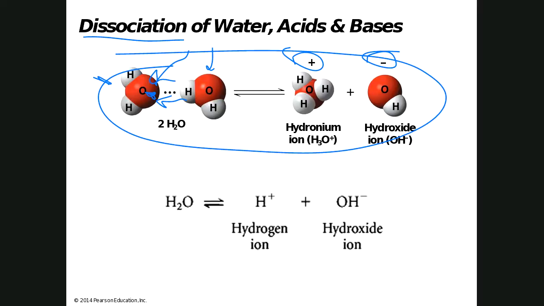Let me make sure we define proton again. This is a hydrogen atom, right? Atomic number 1. It's got 1 proton and 1 electron. When I remove its electron, which I've done in that reaction, all I'm left with is the proton. So hydrogen atoms are unique.